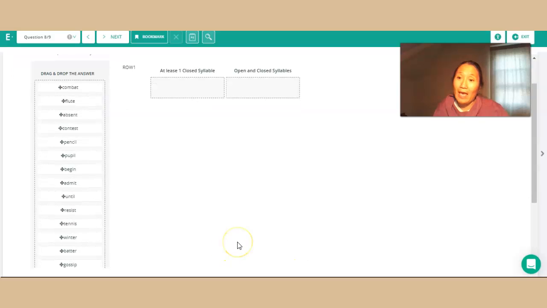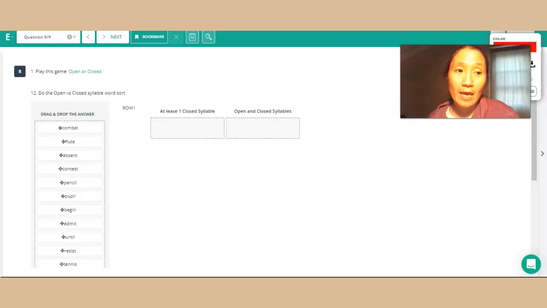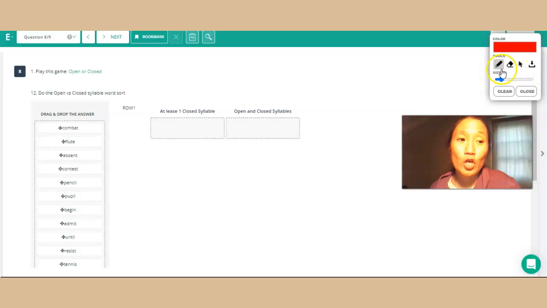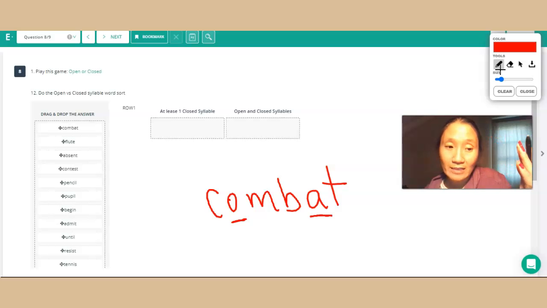You are going to look at, like, the word combat. You can use your whiteboard, or a pencil and paper, to help you decide how to sort these. If we took the word combat and were trying to figure out whether it is open or closed, I would underline the A and underline the O, because first I have to identify every syllable, and every syllable has to have a vowel.